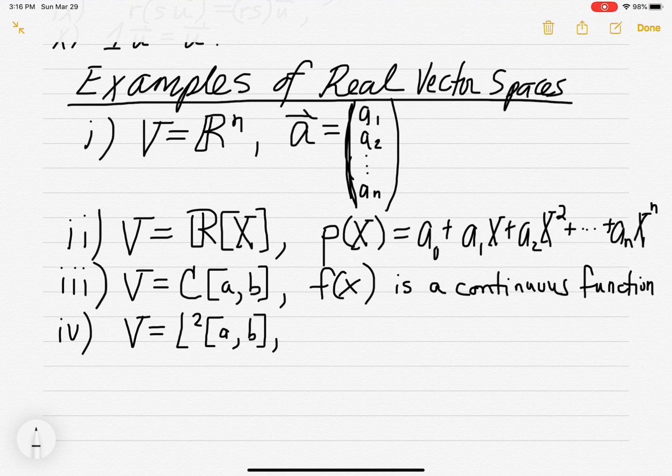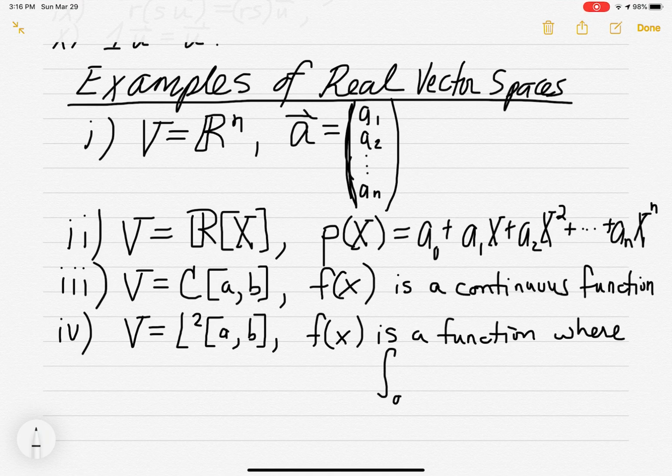So a typical function would be f of x, a function where you can take the following integral from a to b, the absolute value of f of x squared dx, and that integral exists.